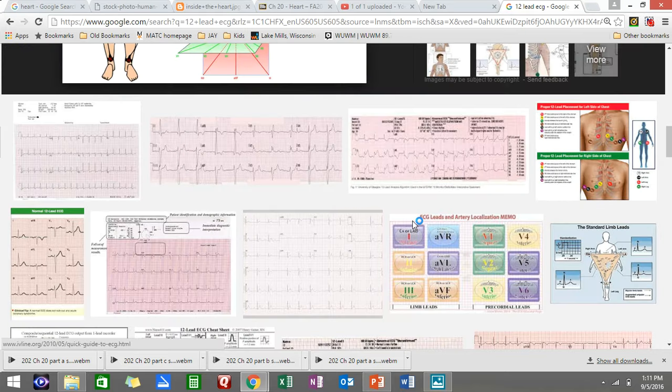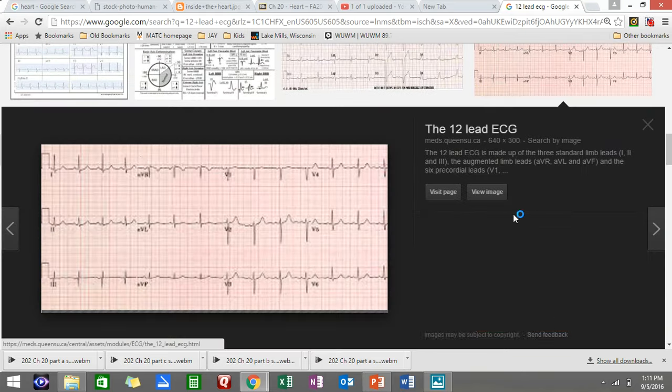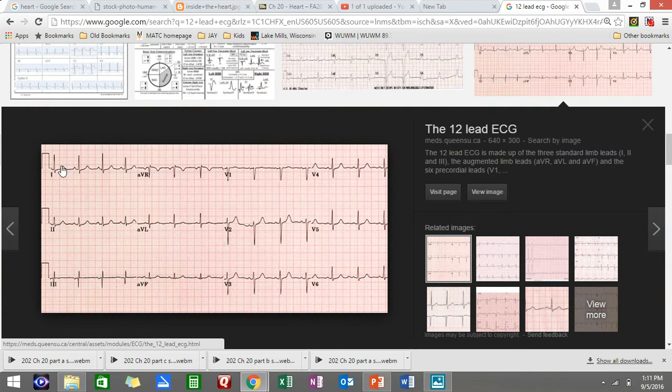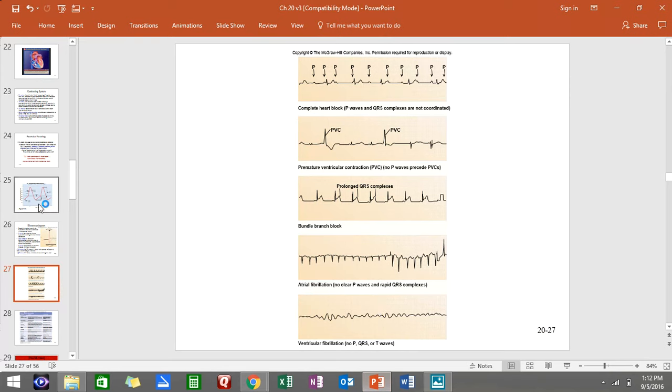And that is sort of what we see right here, sort of an overall P wave, Q, R, S, T wave, P, Q, R, S, T, and so on and so forth.